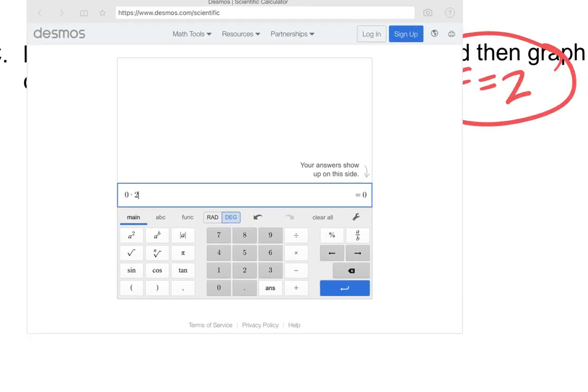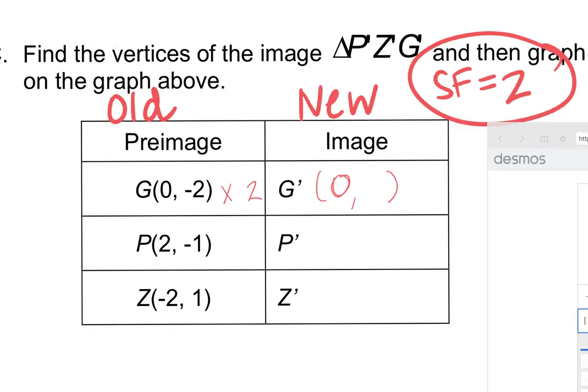So let's go to Desmos, and let's do negative 2 times 2. Sorry, my pencil is a little weird sometimes. There we go. And I get negative 4. So I'm just multiplying each part of my point by 2 to get my new point. 0, comma, negative 4.